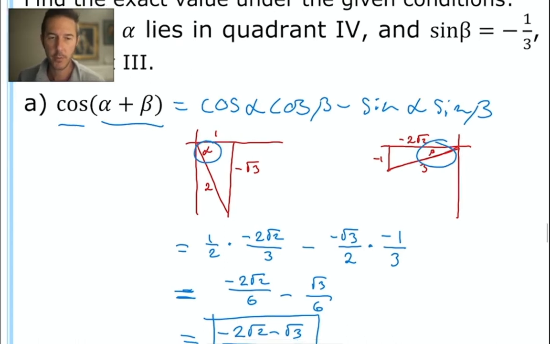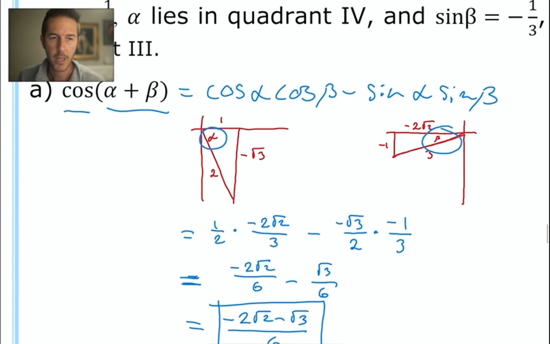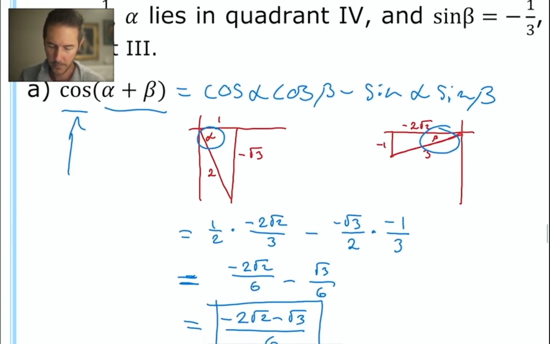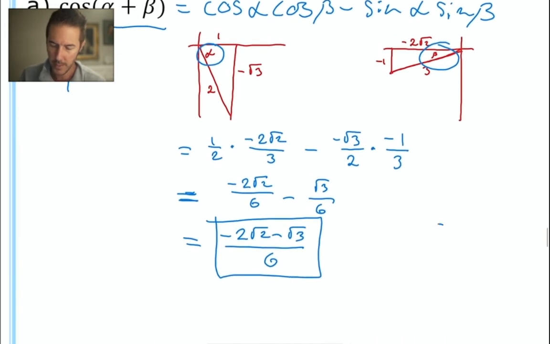Try it with those. Make sure that your calculator is in radian mode as you do those. Add those two angle measures together. Take the cosine of that resulting angle measure. See what you get as a decimal. Then type this stupid looking fraction into your calculator and see if you get the same decimal. And that'll tell you whether or not we have a right answer there. Hopefully they match up.